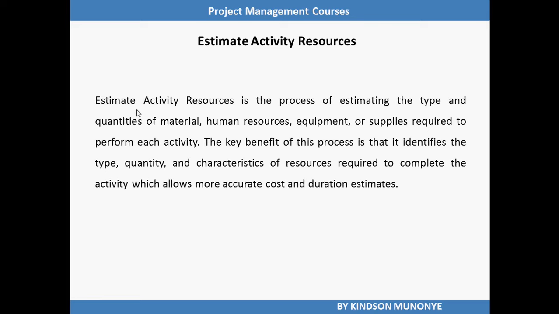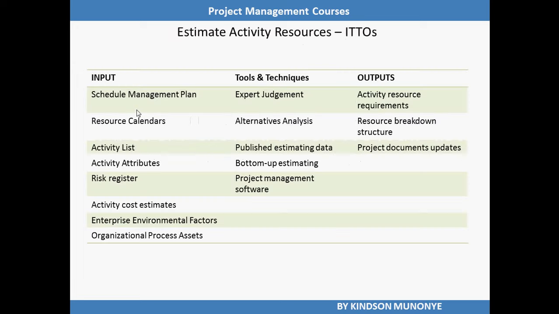Alright, let's now look at the ITTOs of the estimate activity resources. We have the schedule management plan. Of course, this is the output from the plan schedule management. We have resource calendars, activity lists, and activity attributes, risk register, activity cost estimates, enterprise environmental factors, and organizational process assets. We have 5 tools and techniques used for estimate activities.